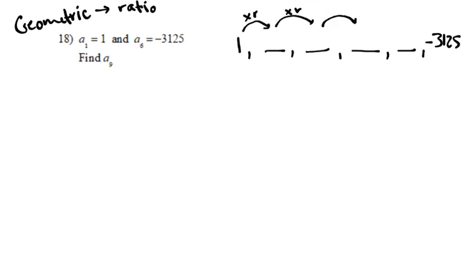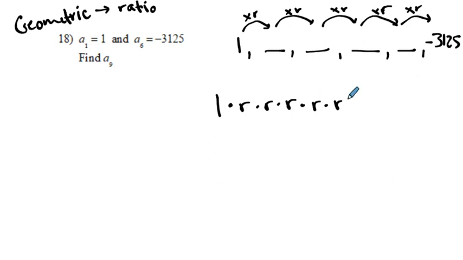Times r, times r, times r, times r, times r. So how many times did I multiply by r to get to negative 3,125?